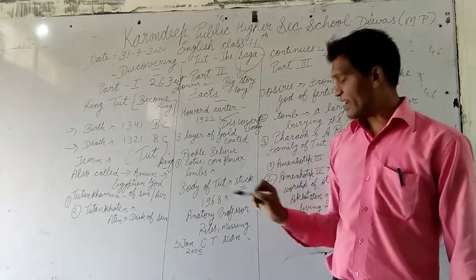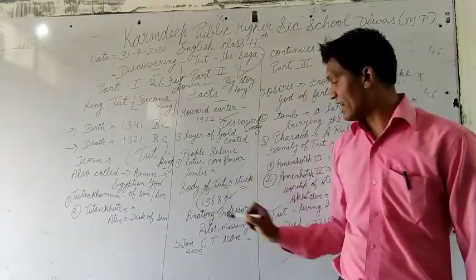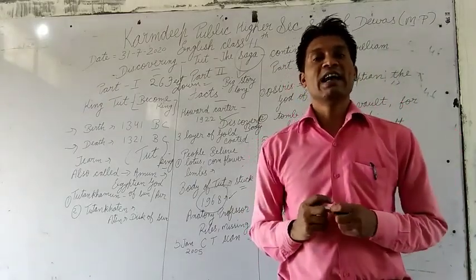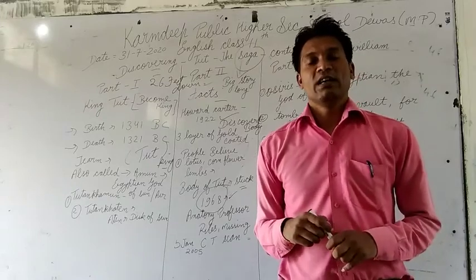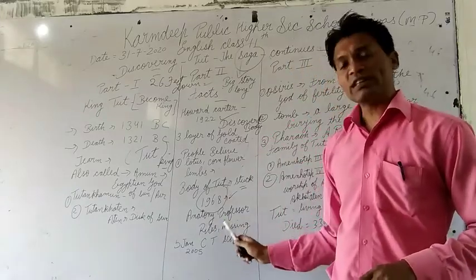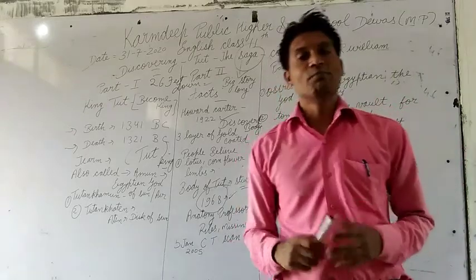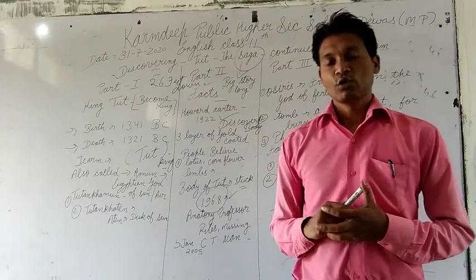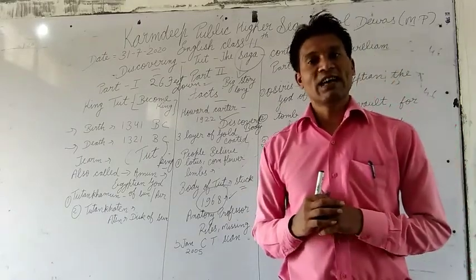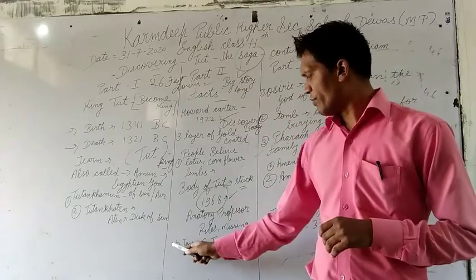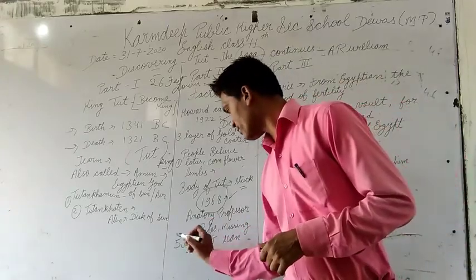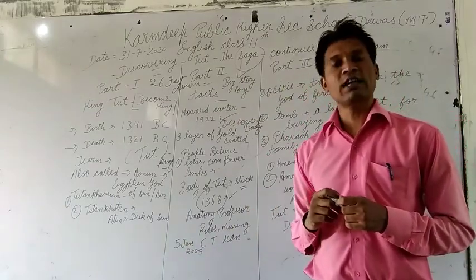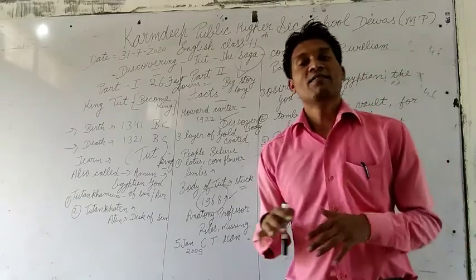Then in 1968, another anatomy professor found the body and did his experiment. He found that the ribs and the breast of the king, and the tooth, were missing. He was totally surprised, amazed. Then on 5th of Jan 2005, a CT scan was done and it found that everything was normal.